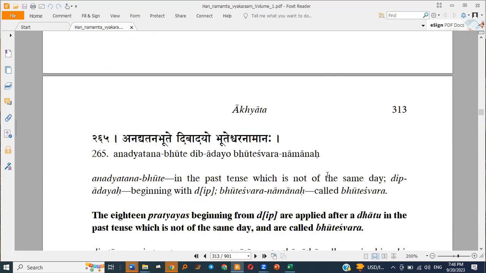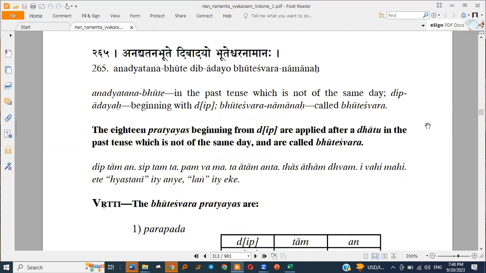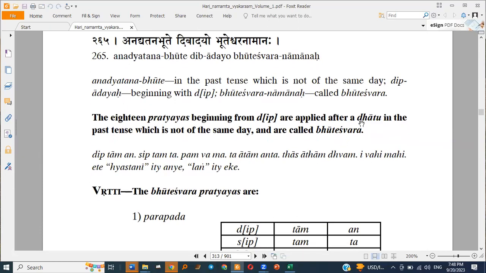Then the next ones are Anadyatana Bhute Vivadayo Bhuteshwara Namana. The next 18 pratyas are applied after a dhatu in the past tense, which is not of the same day.